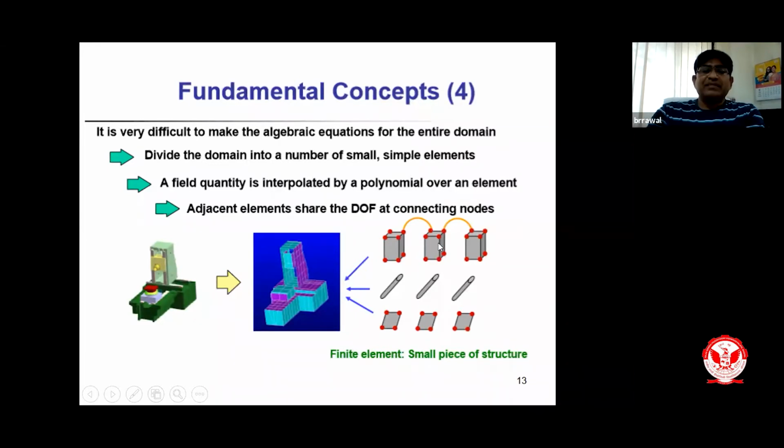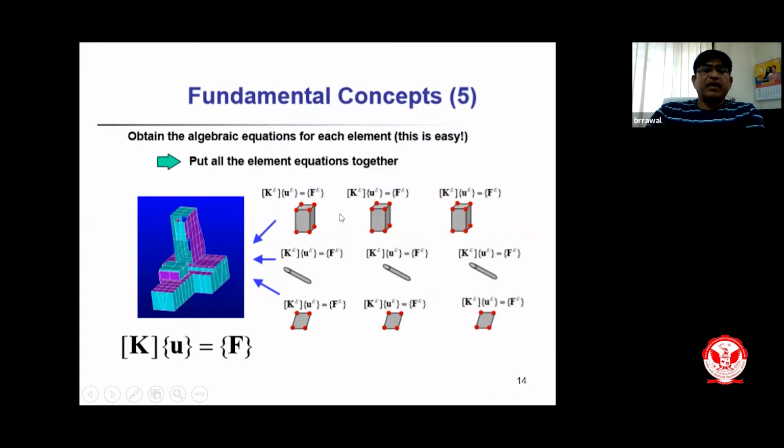So the various elements are connected at the nodes only. Again, we first characterize the different elements. After characterization, we form an assembly of these elements, and that assembly is known as the global matrix. The global assembly is generally based on the behavior of the individual elements.